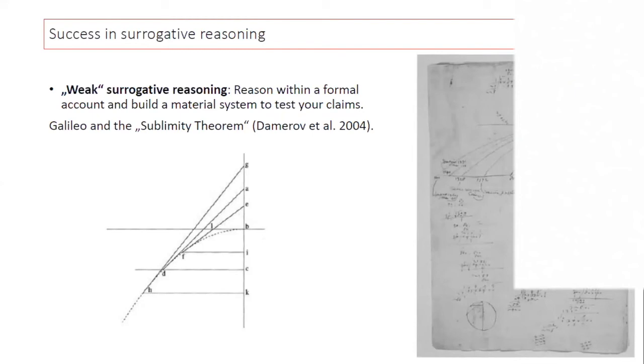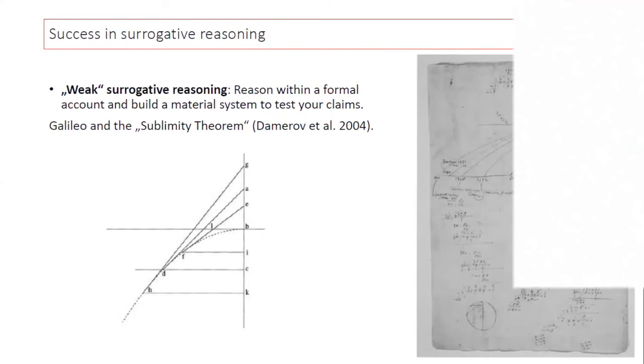And in his proof, he makes use of mathematized velocity, meaning the geometrical treatment of velocity. But I will not give you the proof now. And there is evidence that Galileo also made the corresponding experiment. That's what you can see on the right.